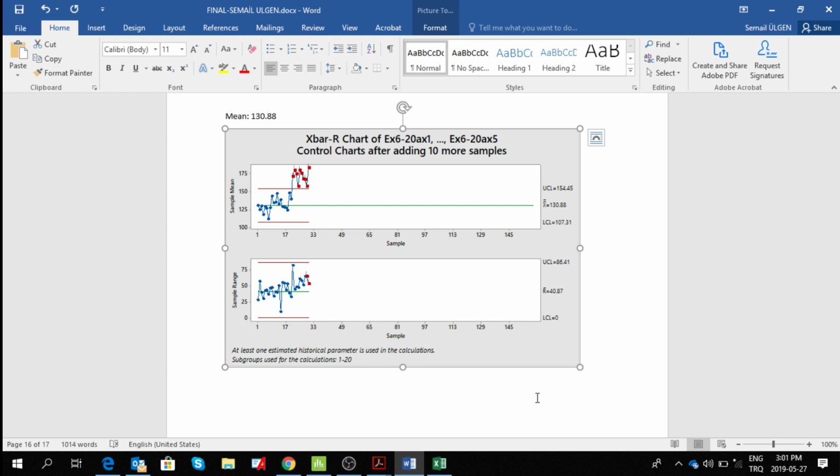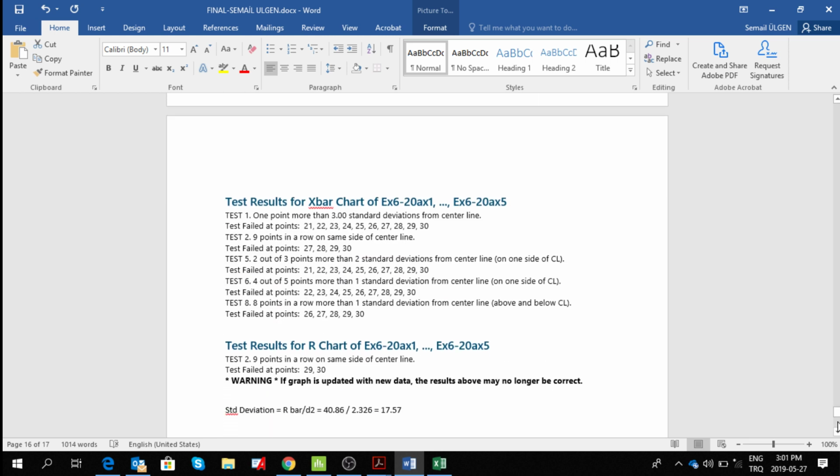Okay, so for the R part, I'm just checking, and the reason it failed is different. Look, it's not out of control for the R chart, since I chose all the tests to check.